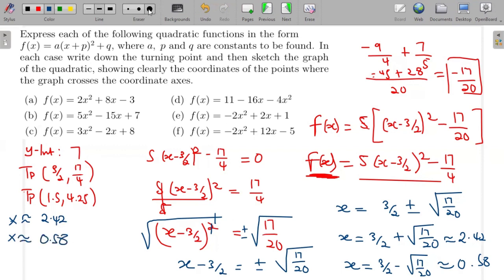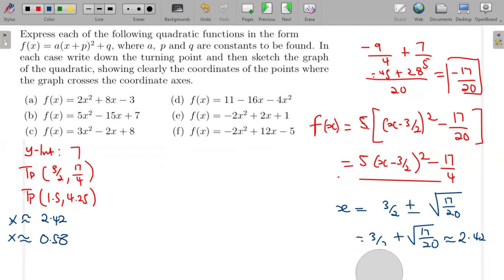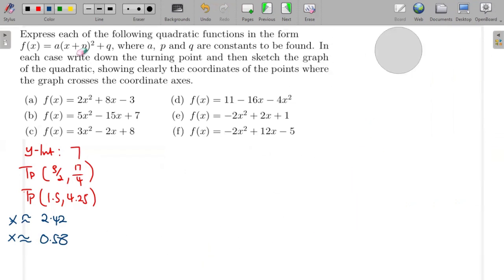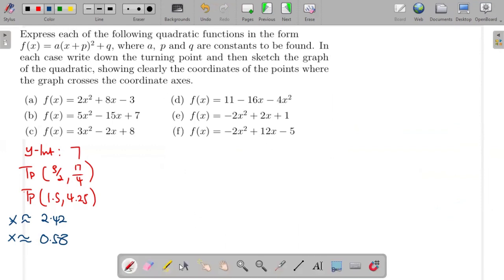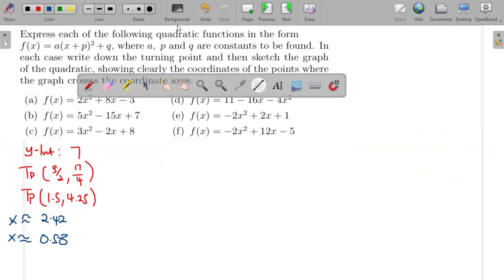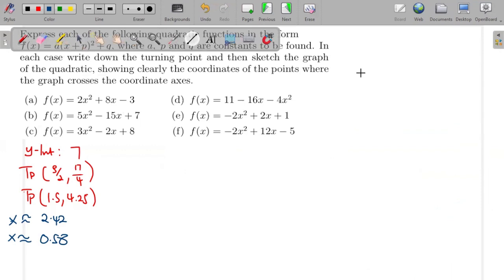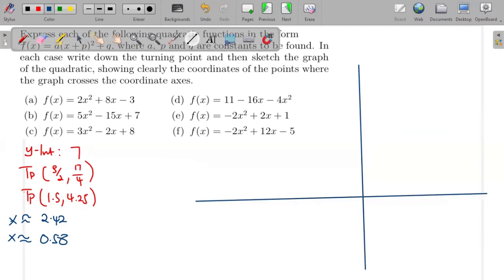Okay, so now I have everything that I need in order to sketch. So I have my y and then my x. So this is 0.